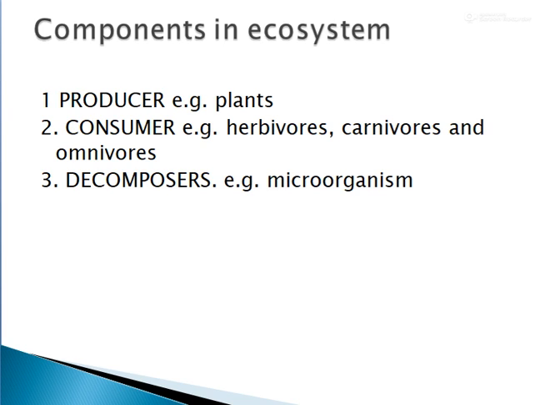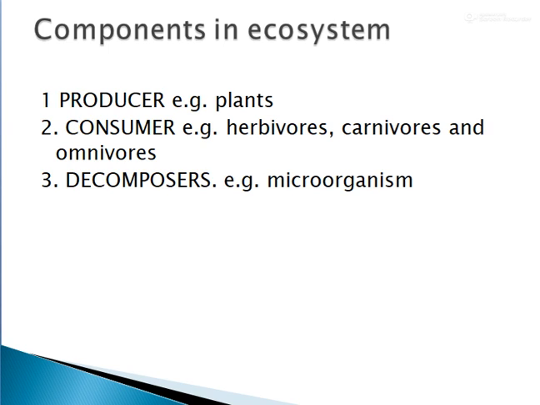When we look at the components in an ecosystem, we have three main components. First come the producers. Producers are those organisms that can prepare their own food. Have you got it? Producers can be referred to as autotrophs, like plants. Second is consumers.